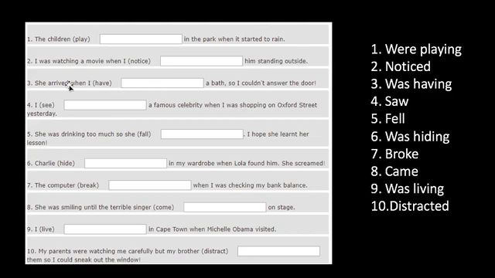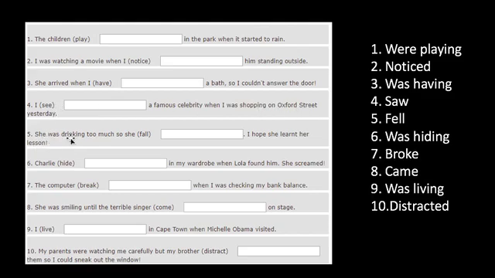So in this case, which was the action that was interrupted? Was having a bath. Okay, so number 4, here we have the verb see, and if you check here, we have was shopping. So the sentence is, I saw a famous celebrity when I was shopping on Oxford Street yesterday.